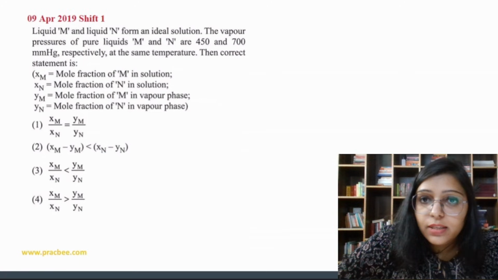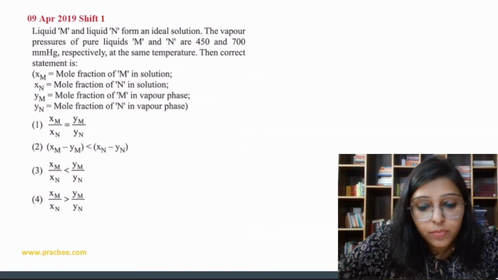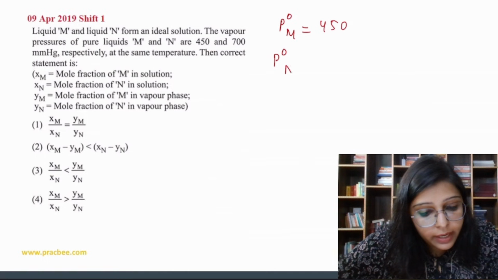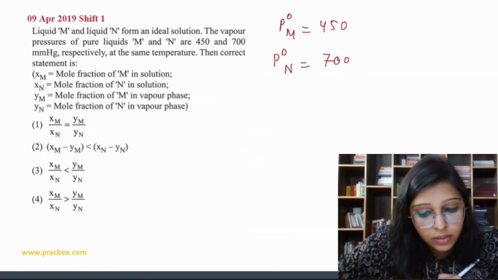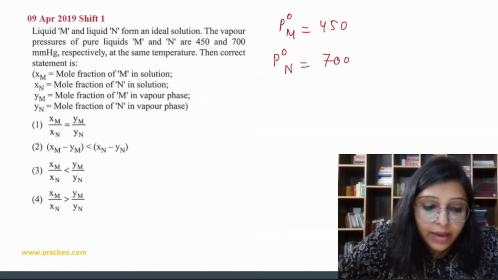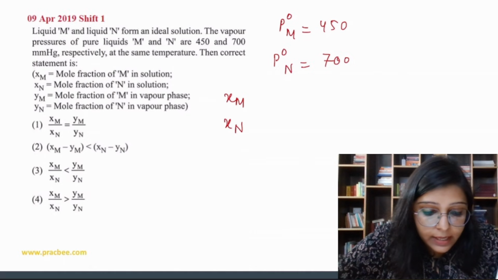The next question says liquid M and liquid N form an ideal solution. Okay. The vapor pressure of pure liquid M is 450 and P naught N is equal to 700. Then the correct statement is, fine. So if you see the options, we have XM, XN, YM and YN.